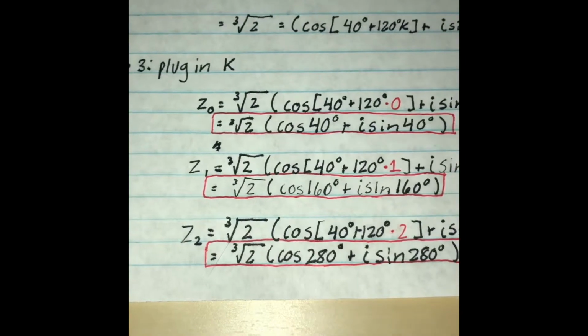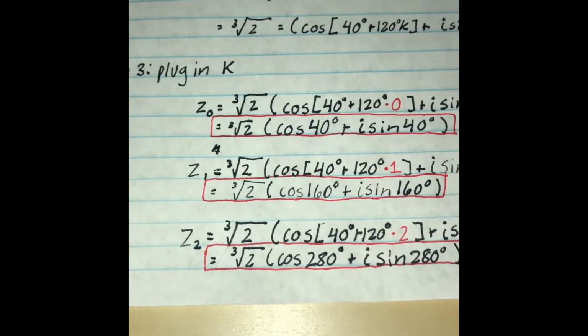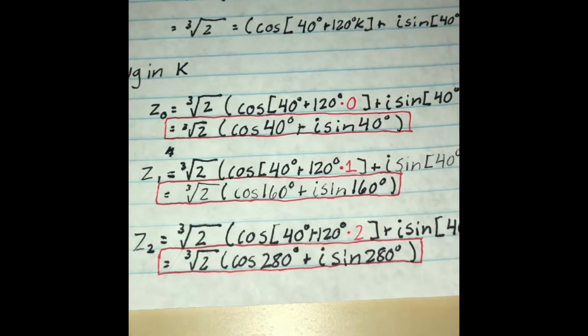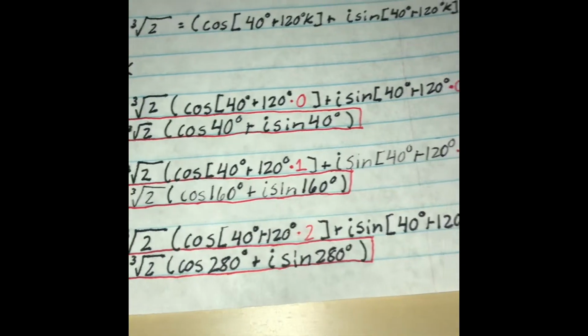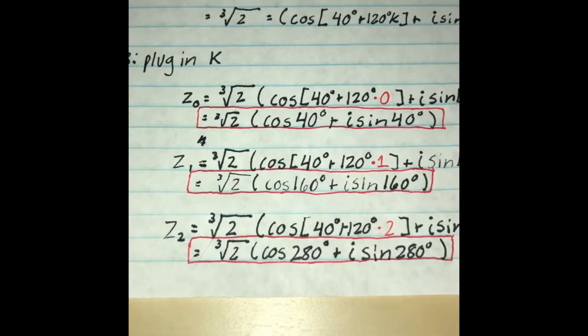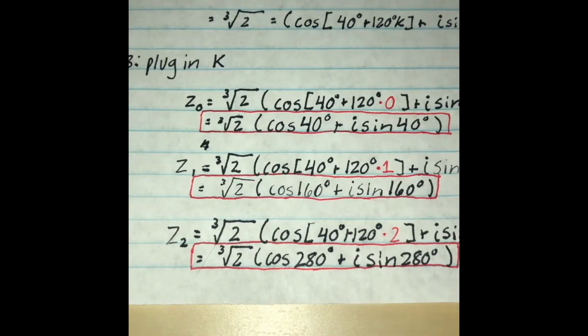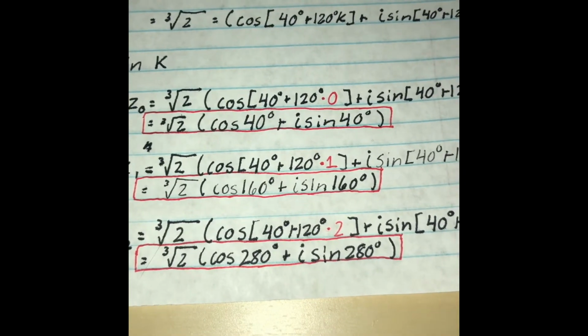For the final one, z sub 2, it's going to be the cube root of 2 of cosine of 40 plus 120 times 2, as k is 2, plus i sine of 40 plus 120 times 2, giving your final answer of the cube root of 2 of cosine 280 degrees plus i sine of 280 degrees.